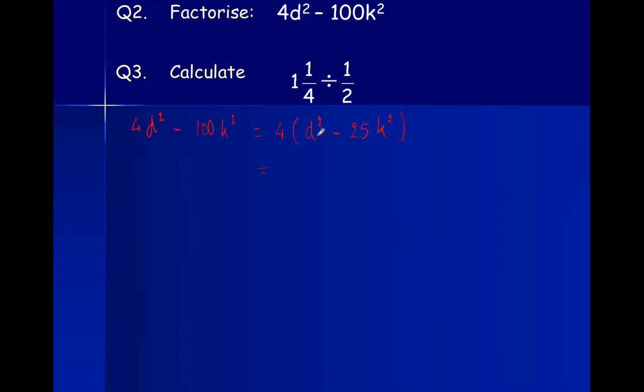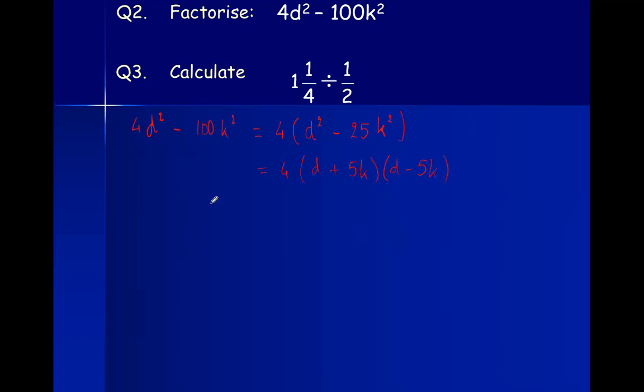Now, can you notice that you've got d squared minus 25k squared? So 25 is 5 squared and k squared. So you've got a difference of 2 squares, and you would just write this as d plus 5k times d minus 5k, and that is fully factorized.